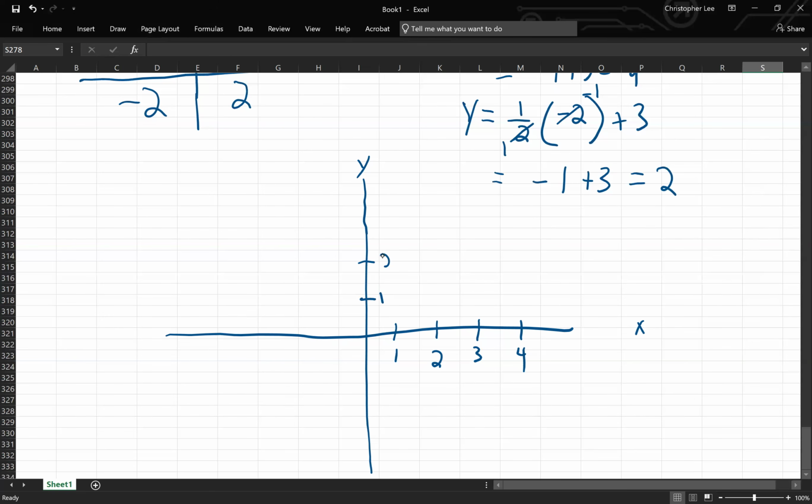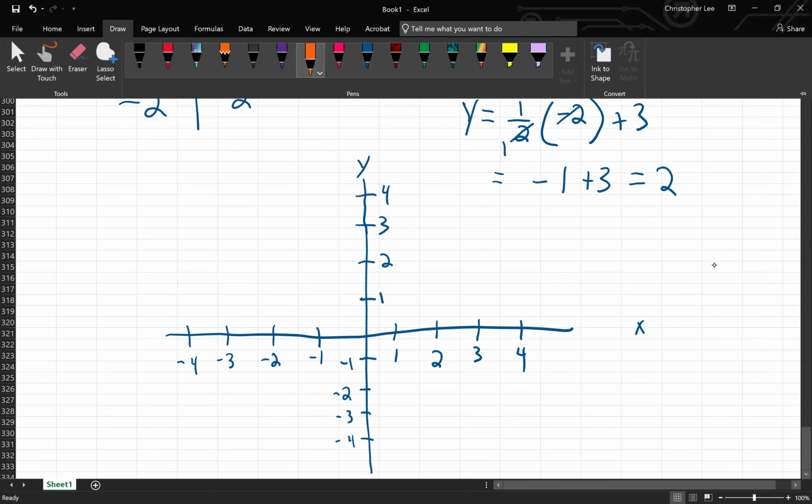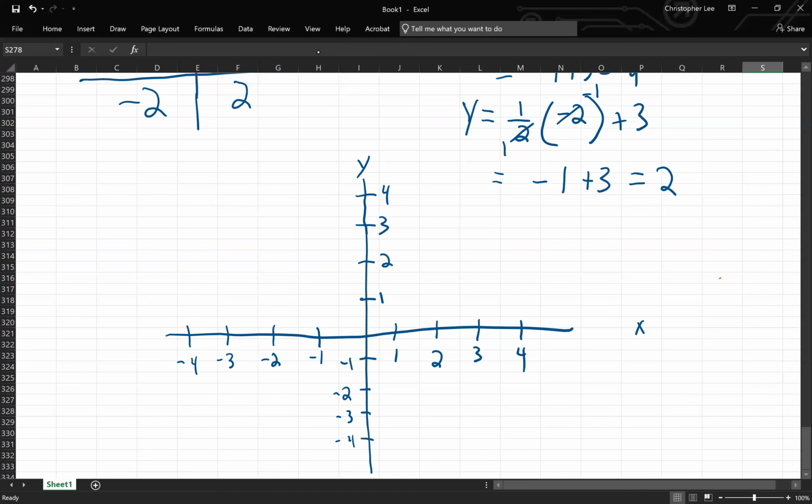So this is 1, that's 2, that's 3, that's 4, -1, -2, -3, -4, and then -1, -2, -3, and -4. All right. We got to switch to orange for the next. And then now we want to plot our points, right?